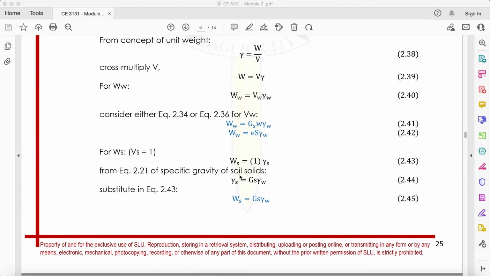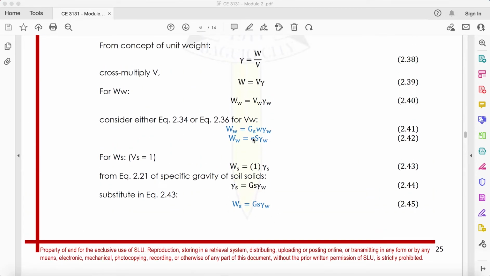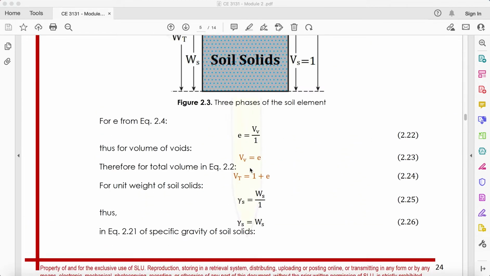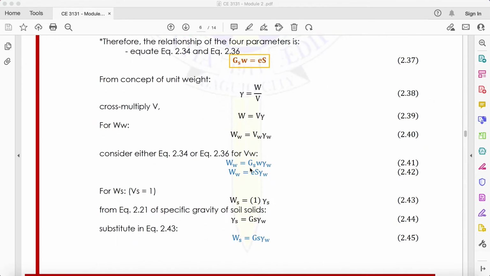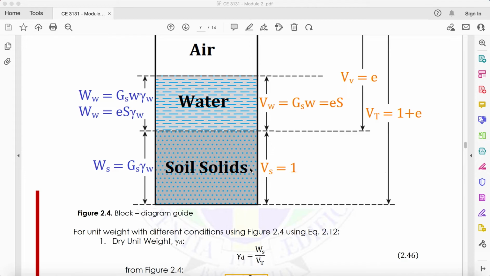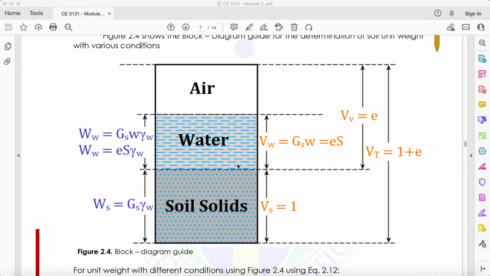Now the next thing that we need to do is we already have our derived equation. Then we are now going to substitute this equation in our block diagram so we can get the relationship and we can derive our working equation. So kanina na-solve natin the volume of the voids is equivalent to e, and the volume of water is equivalent to the specific gravity times the moisture content.